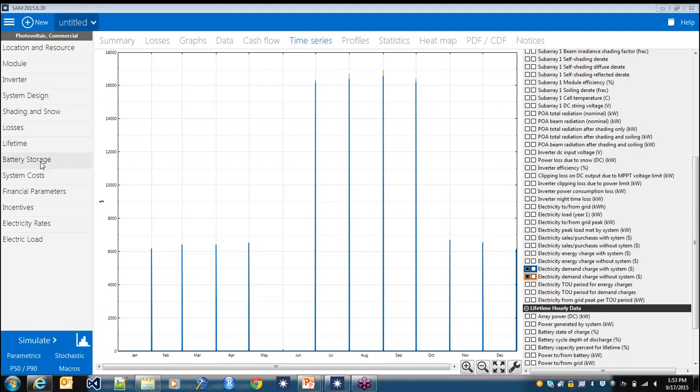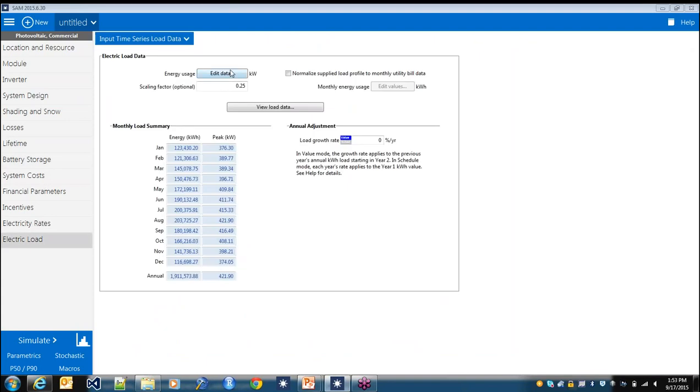The way SAM is set up is if you don't meet your electric load with PV or batteries, then it's going to assume that you have to buy that power from the grid. So I think you could probably do the analysis that you're looking to do.